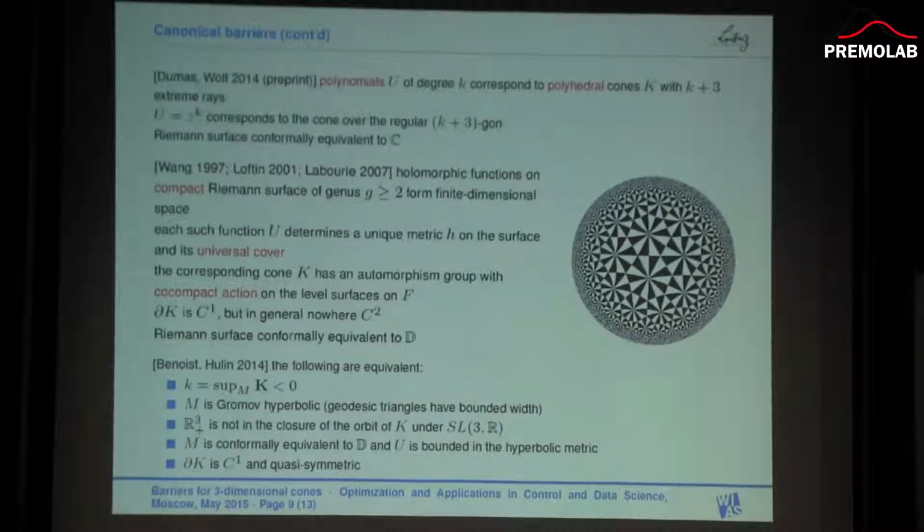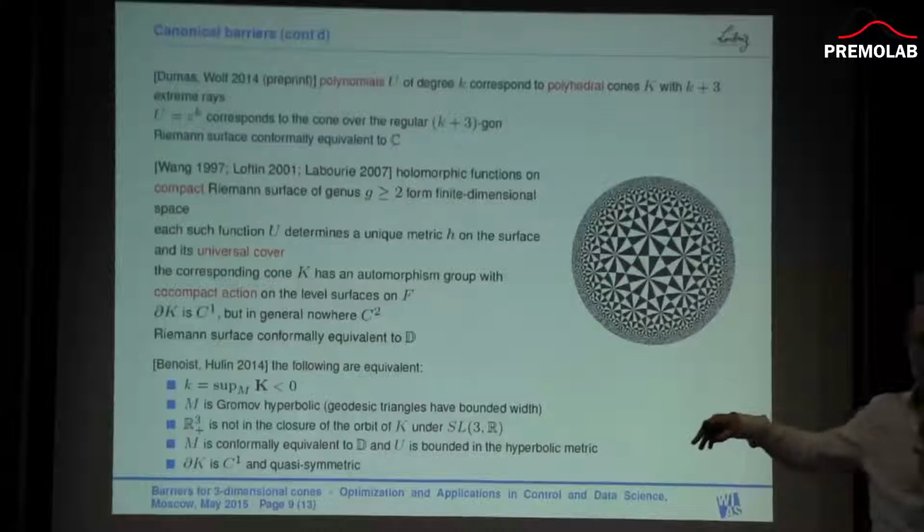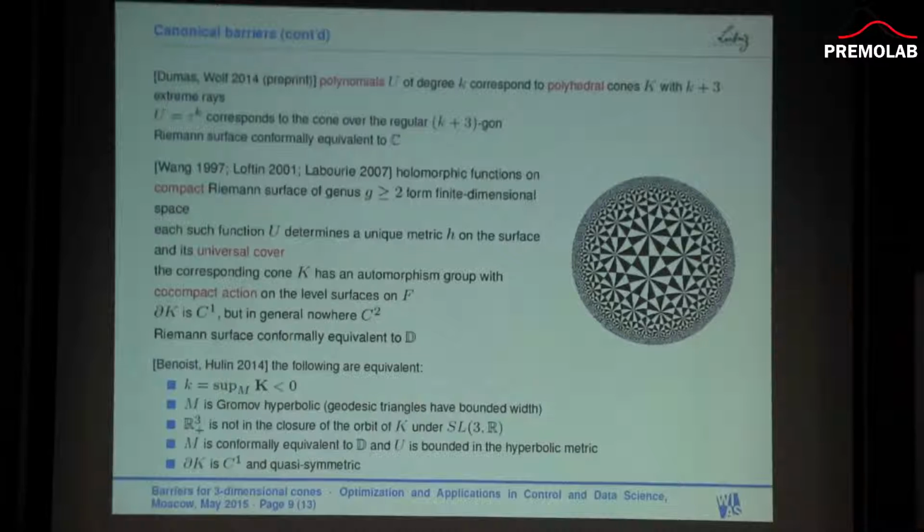So a compact Riemann surface has a symmetry group, which is the fundamental group. And this symmetry group will also translate to the universal cover. And in this way, you can construct cones which have a discrete symmetry group with a so-called co-compact action. So the quotient of the cone with respect to this group is compact.